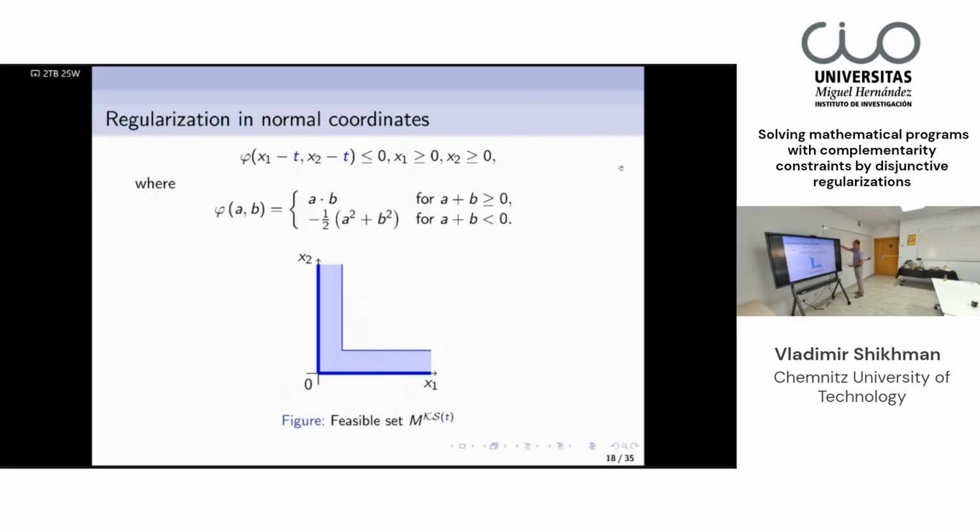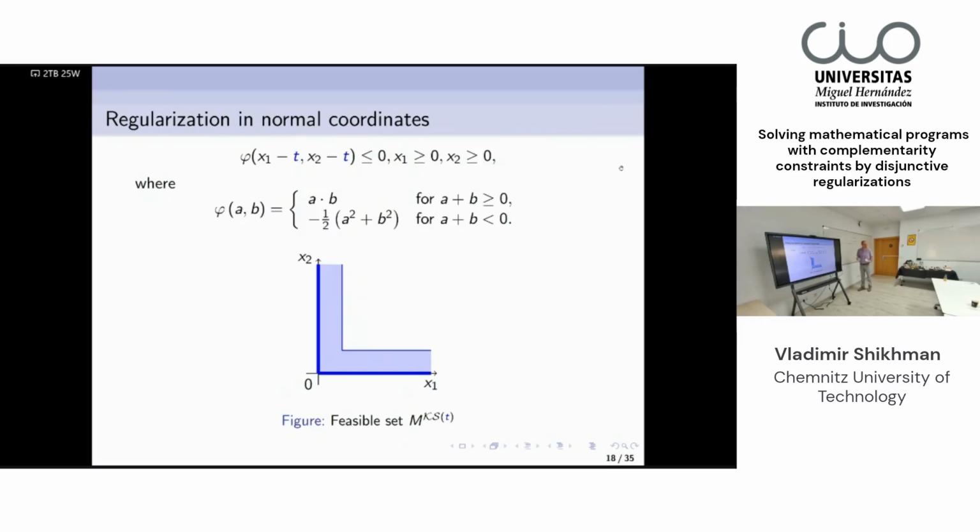So the first case, if x1 plus x2 is greater or equal than 2t, then the product of both must be negative. Then this phi must be less or equal than 0, so a times b, the product of x1 minus t and x2 minus t, should be negative. So they should be of different sign.